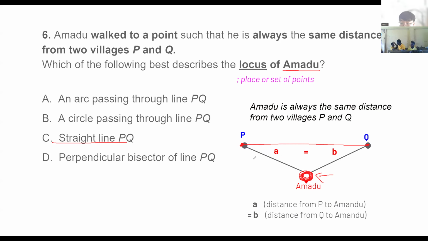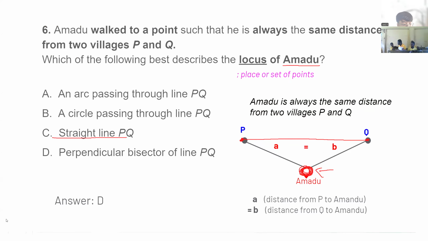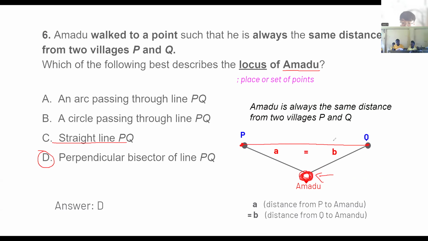So what we call this is the perpendicular bisector of the line PQ. I will explain this on the next slide. So you might be wondering, what does a perpendicular bisector mean?